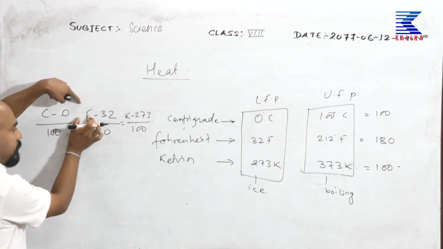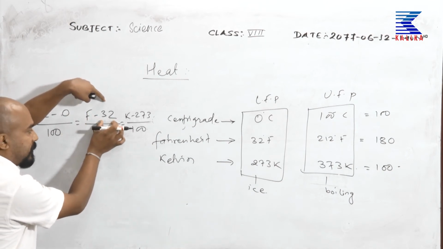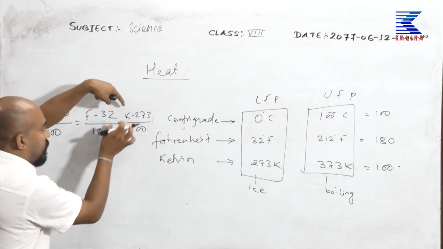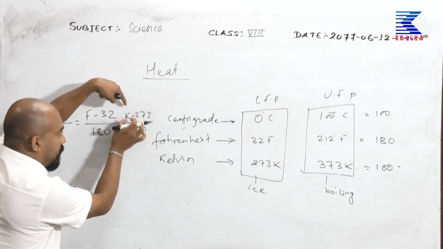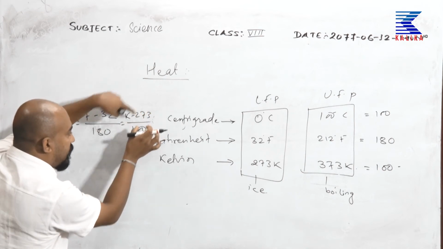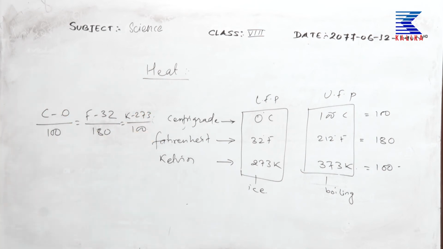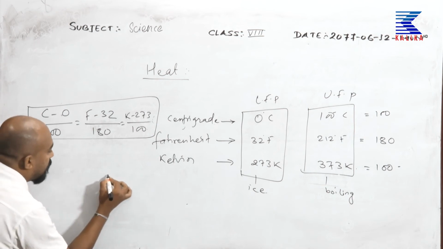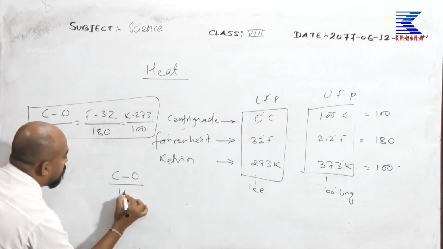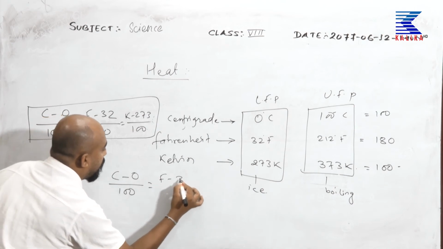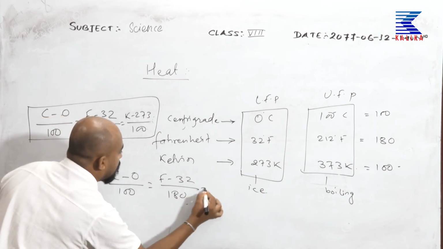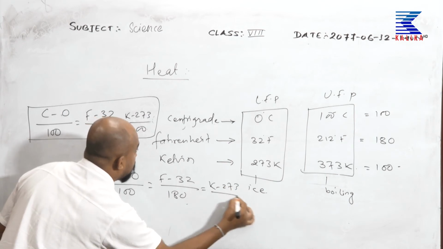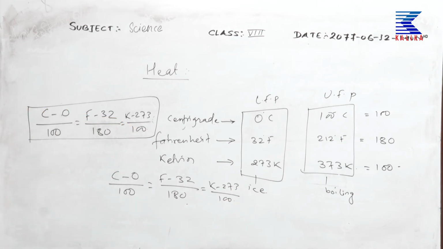Similarly, degree Fahrenheit minus lower fixed point and their differences. Kelvin minus lower fixed point and their differences. Both are equal terms. So, we can relate these equations, and here comes C minus 0 by 100 equal to F minus 32 by 180 equal to K minus 273 by 100. You can do the mathematical procedure later.